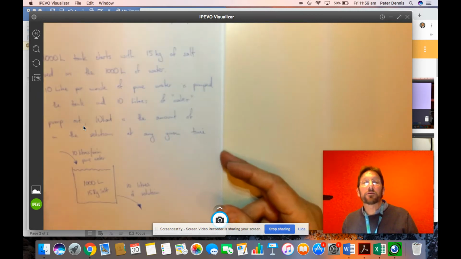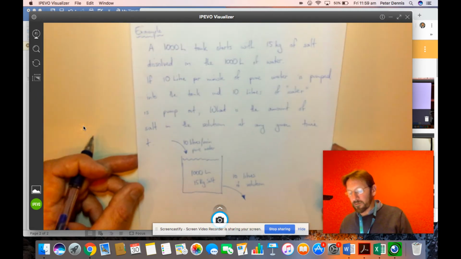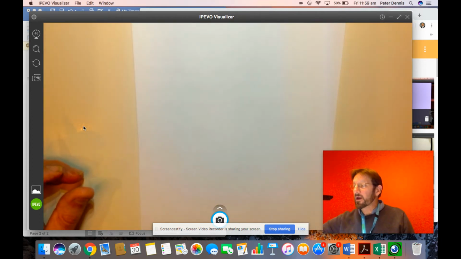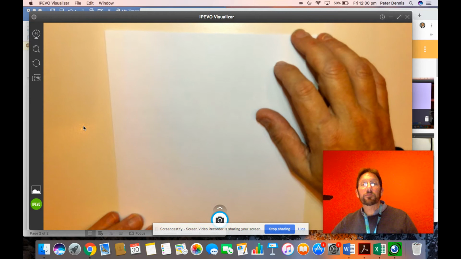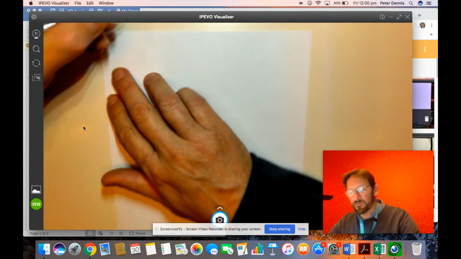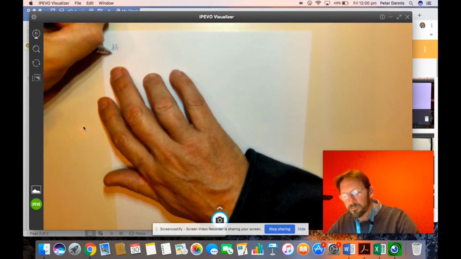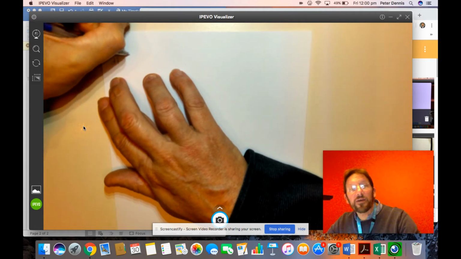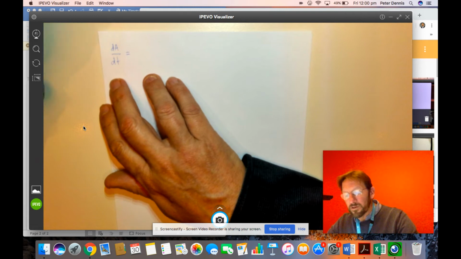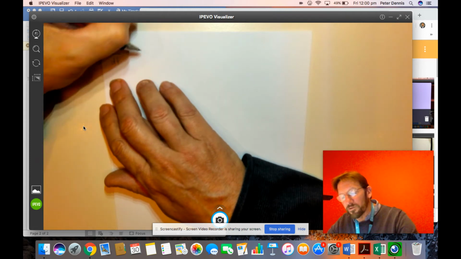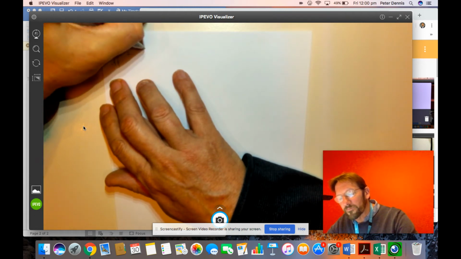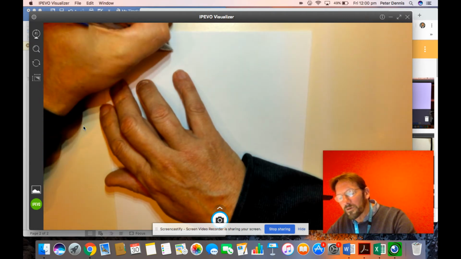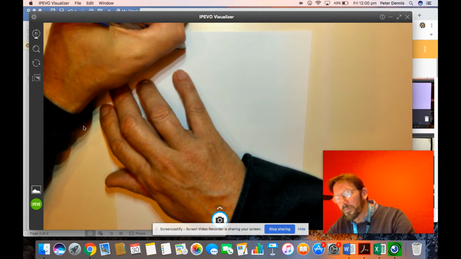Okay, so let's look at how we start this problem. And we look at the rate of change. So the rate of change of salt in the water, A is the amount of salt over time, that is going to be equal to the amount going in, or the concentration going in, times the flow.